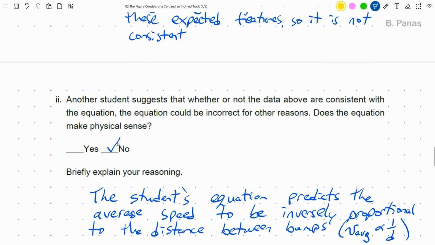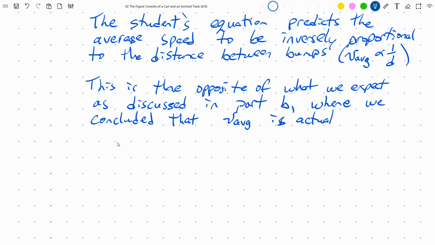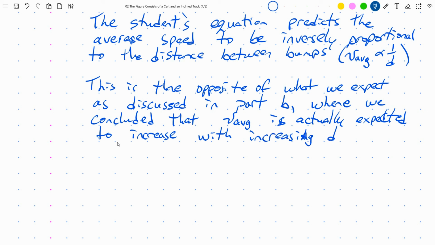So how about if I just say, as discussed in part B, where we concluded that the average speed is expected to increase with increasing distance d. So there we go.